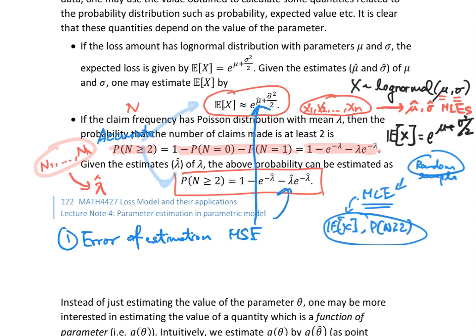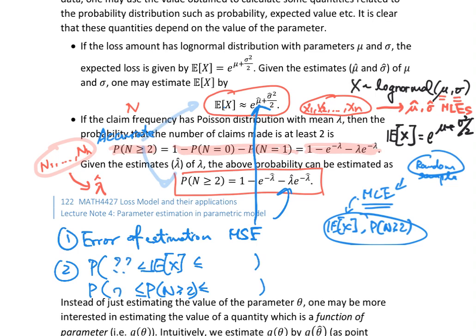The second thing is, because this point estimator may deviate from the true value, the next question is whether it is possible to get the range of the true value of this expected value or probability. Meaning that I want to find the confidence interval for that. This is something we want to do. So how do we do this?